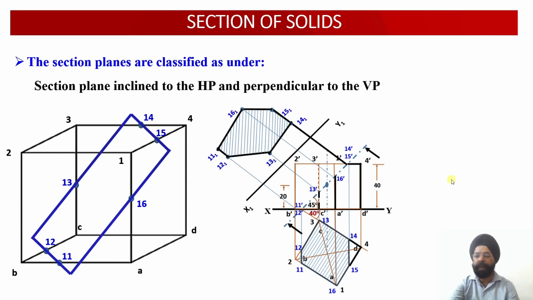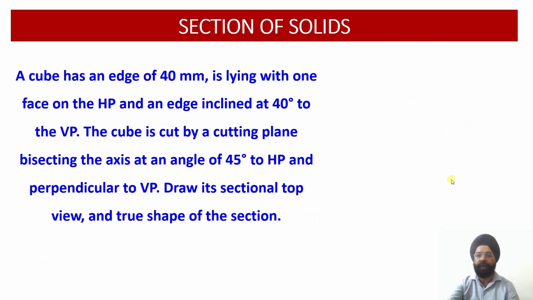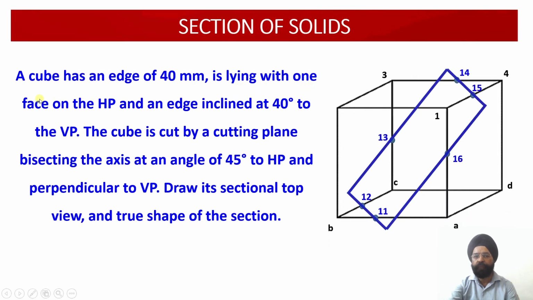Let us work out the projections, but first of all, let me read out the statement of the problem. The cube has an edge of 40 millimeter. It is lying with one face on the horizontal plane, and one of the edges is inclined at an angle of 40 degrees to the vertical plane.